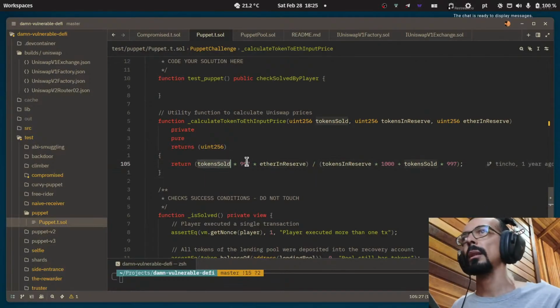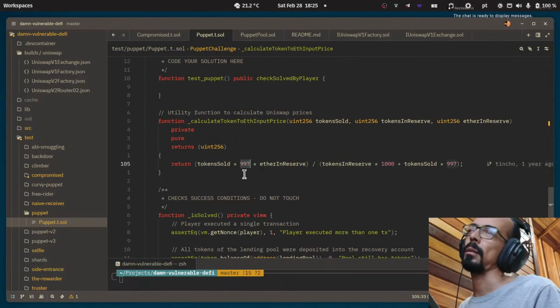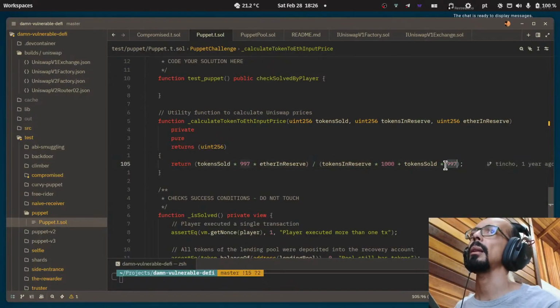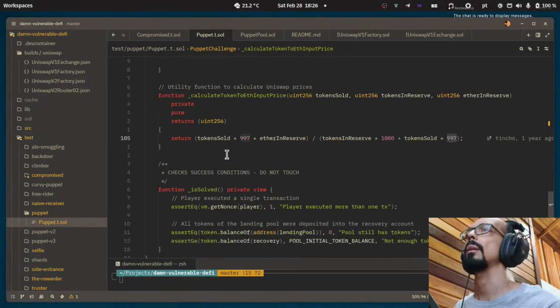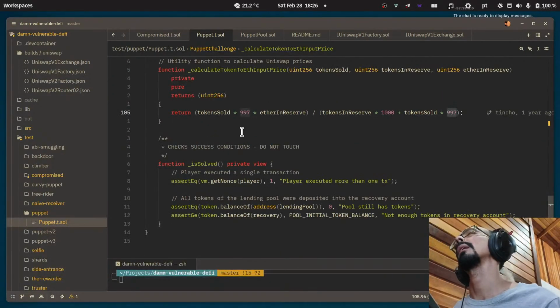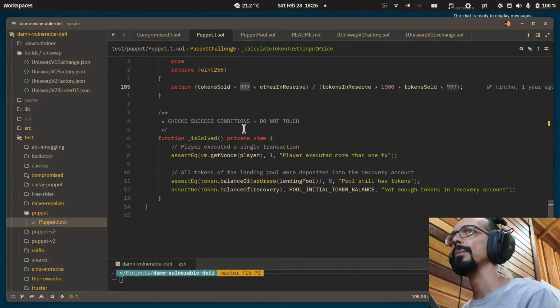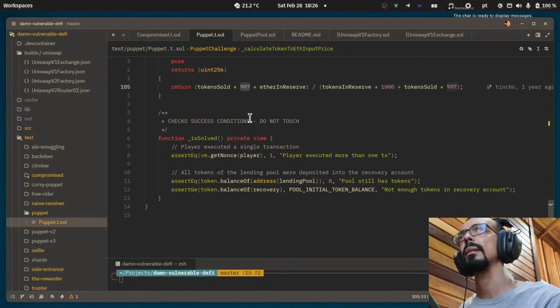They took that plus 997, then reserve, then divide by and multiply by. That's very weird. Why 3? Fees? I don't know, I think it's the fee, right?